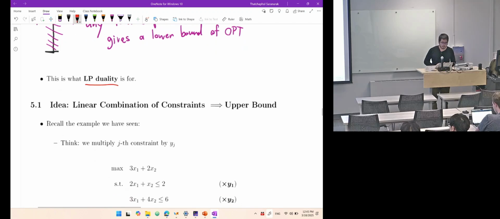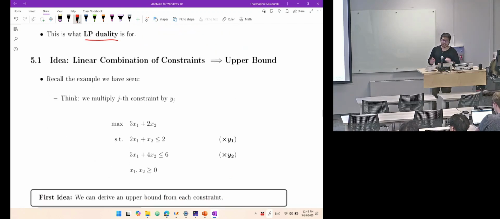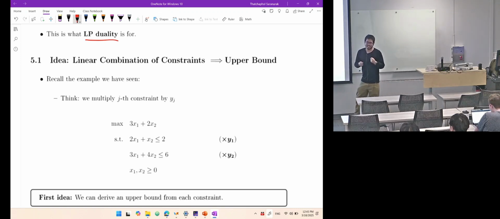Let me start with an example before defining what it is. Suppose this is your goal in mind, you want to derive some upper bound for the optimal solution. Let's say we have this LP, the small LP from the beginning.